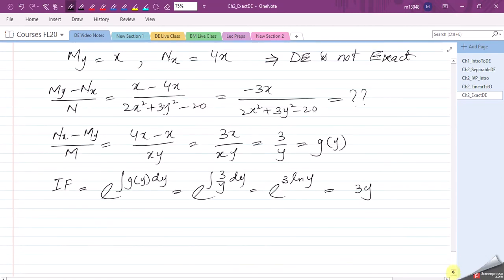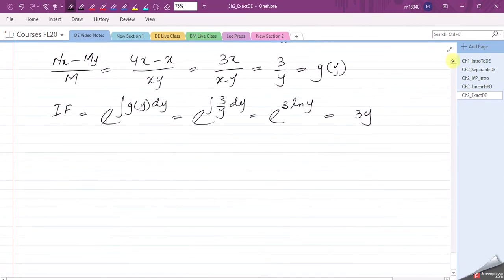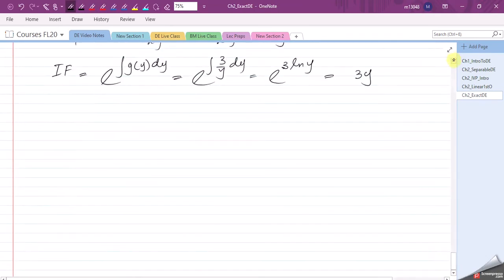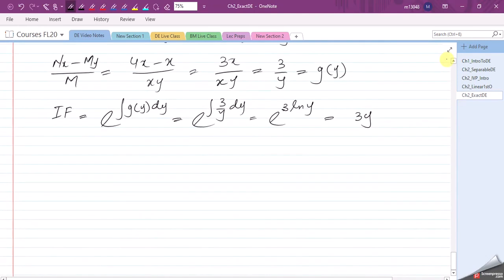Is that correct? Did I make a mistake here? What do you think? Did I make any mistake? Multiply equation 1 with the IF.